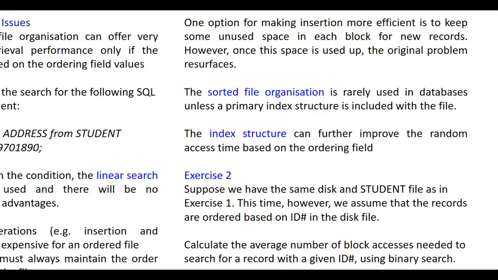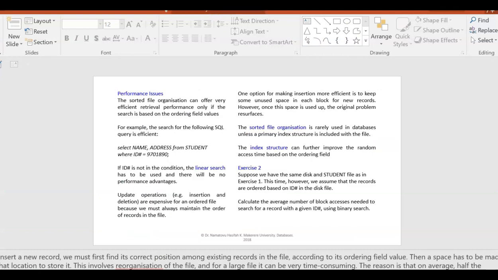So the second exercise is we're going to try and calculate the average number of block accesses needed to search for a record with a given ID number if you're going to use a binary search.